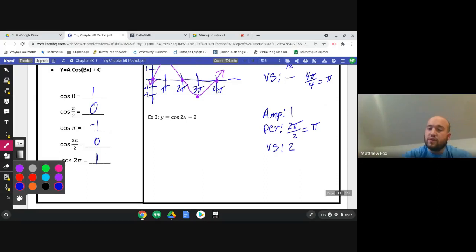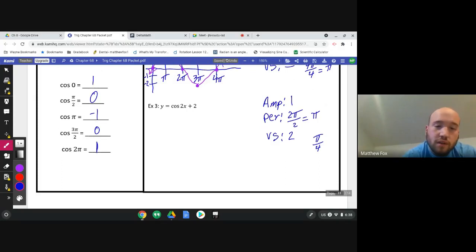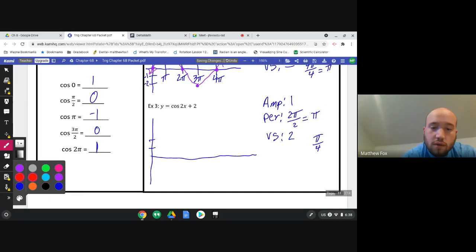Once again, to find what our interval is, we take our period, which in this case is pi, and divide it by 4, so we'll get pi over 4 as our interval. Now, we draw in our y-axis, our x-axis, and keep in mind the midline is up 2.